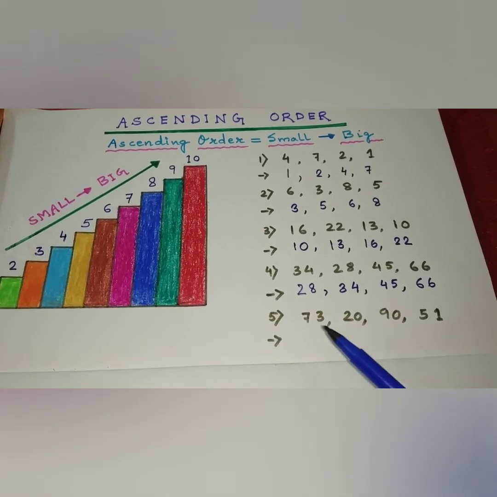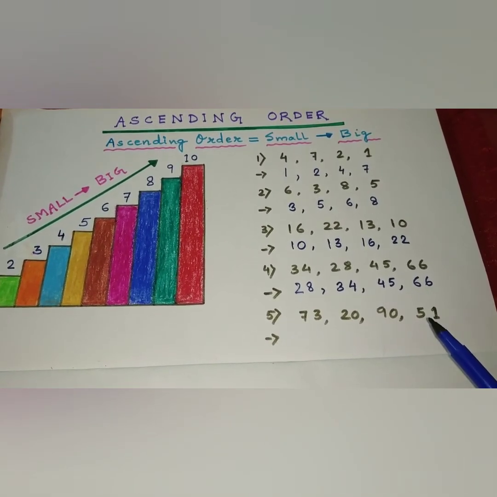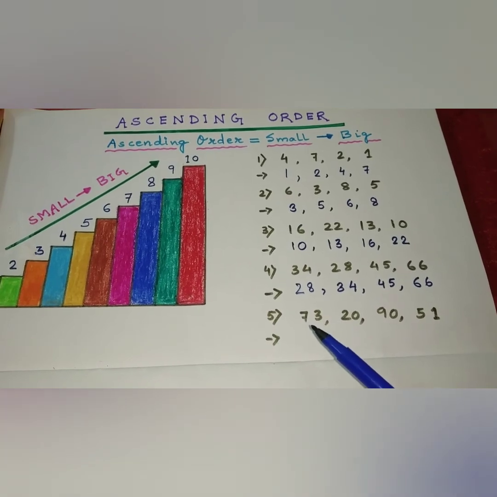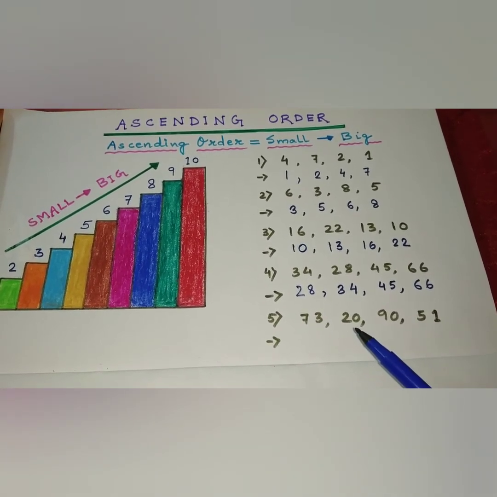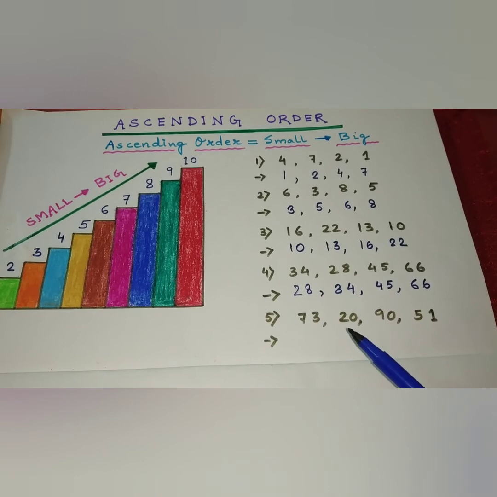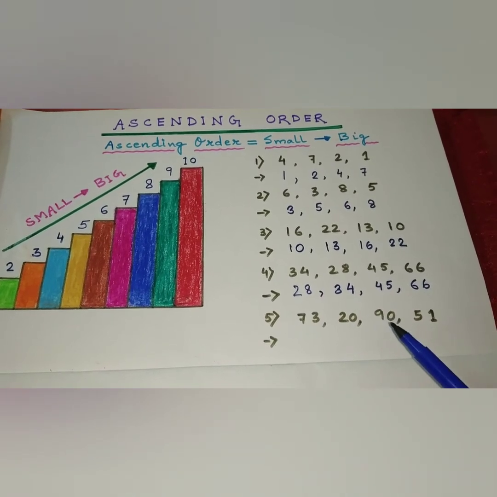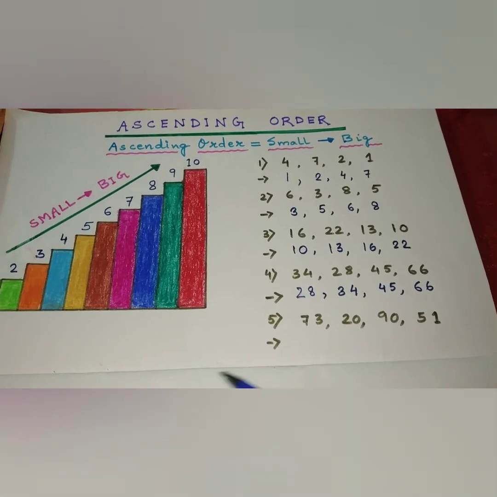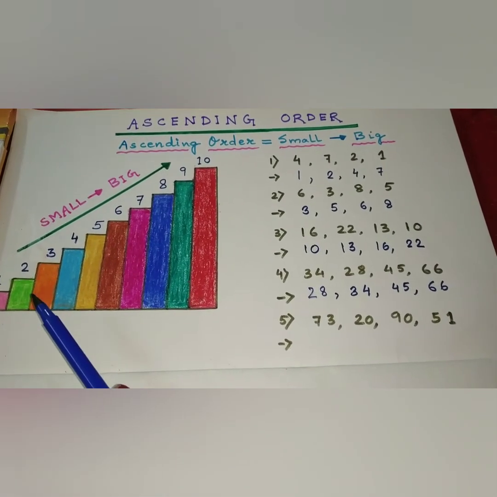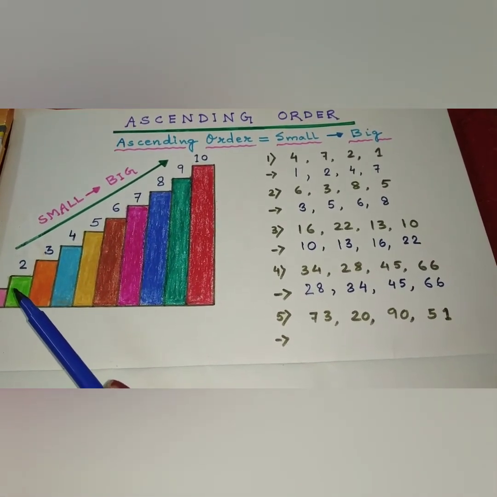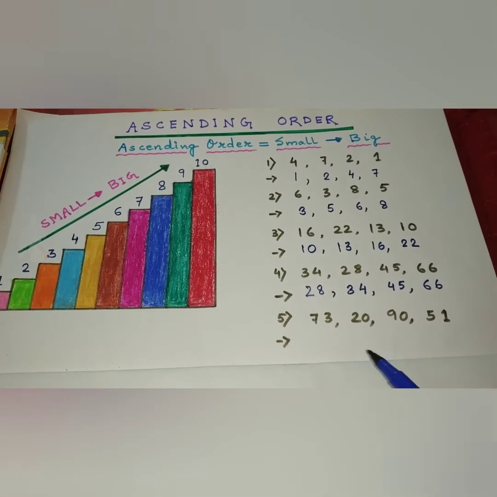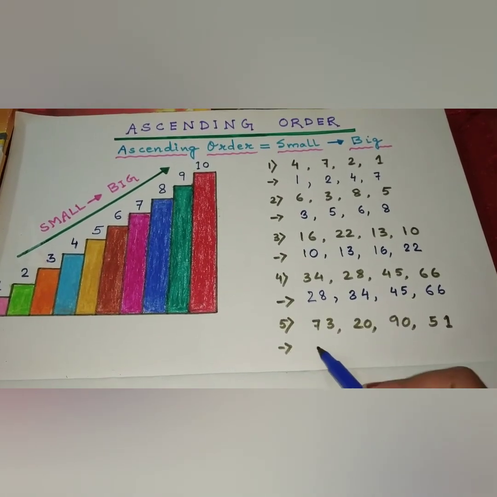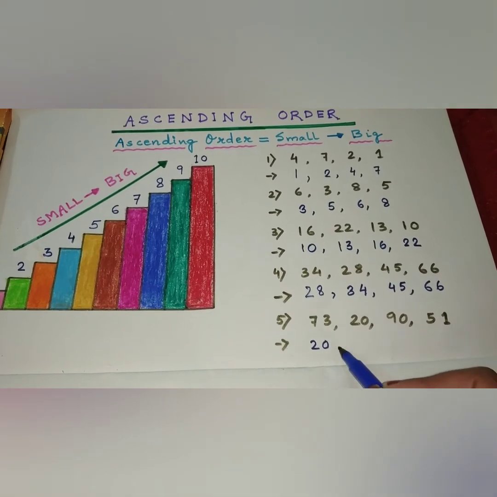So, which is the smallest number? Let us see. 7 from 73, 2 from 20, 9 from 90 or 5 from 51. So, let us see the chart. 2. The first number which is coming is 2. So, 20.